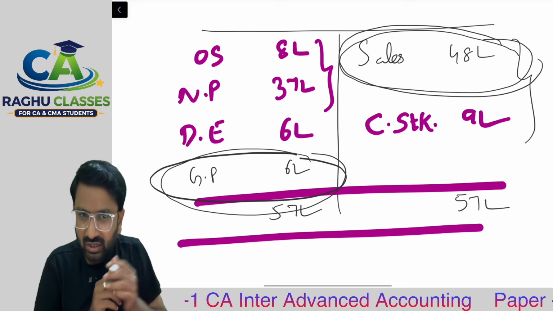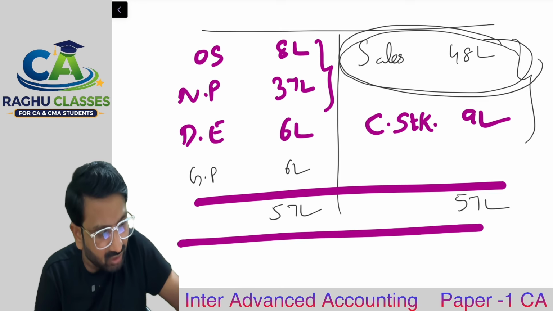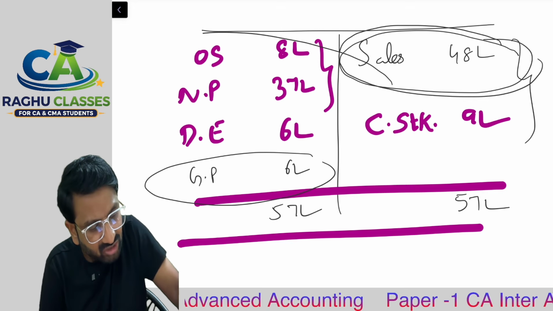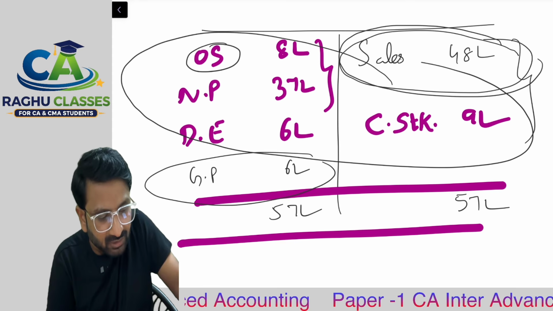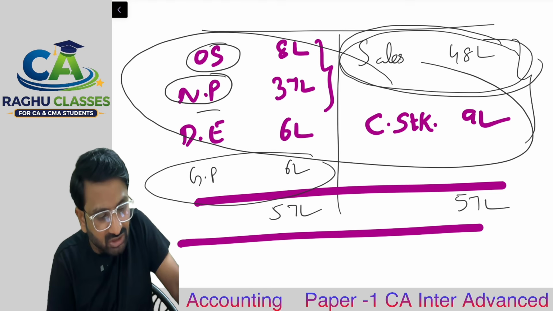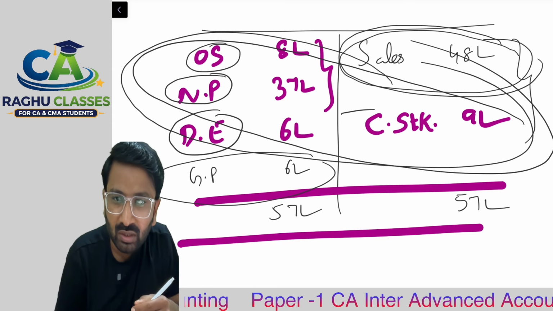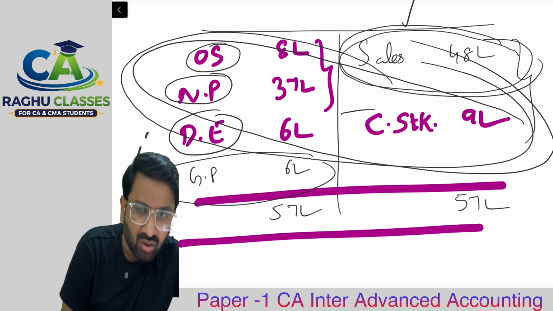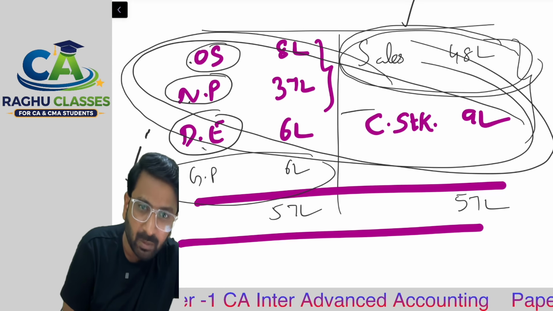Similarly, can we say instead of doing sales minus gross profit, there can be another way of finding out that. I'll apply this formula, that is opening stock plus net purchases plus direct expenses minus closing stock should also give me the same figure. So either I'll take sales minus gross profit route, or I can do opening stock plus net purchases plus direct expense minus closing stock.